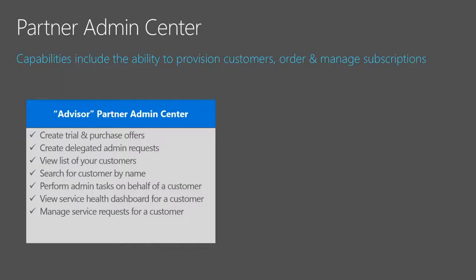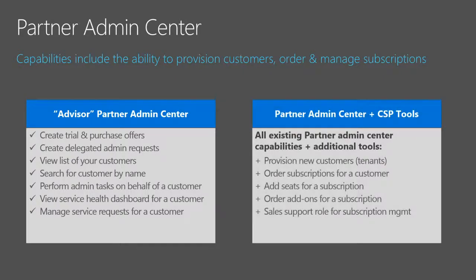Now, what is a superset of the Partner Admin Center are some additional capabilities that we provide cloud solution provider partners. So they have all of those core baseline Partner Admin Center capabilities plus these additional capabilities, which are primarily focused on the ability to provision new customers.